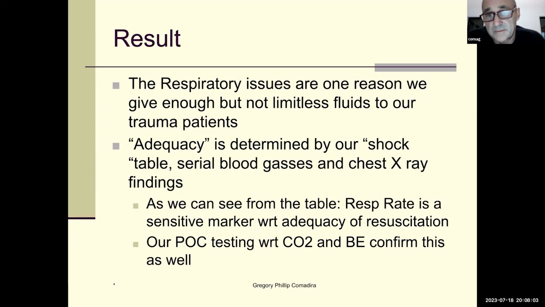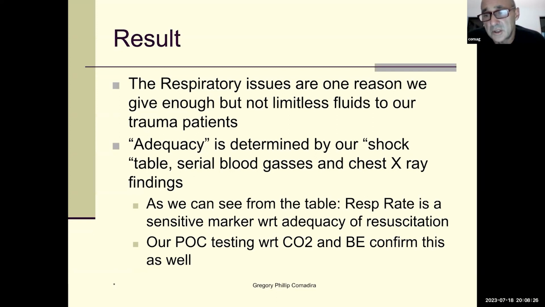But, and this is the big but, we don't give limitless fluid, because if we do, and you already have an inflammatory leaking process, we make the shunt worse. So how do we determine adequacy? We use our shock cable. We use our reducing respiratory rate.